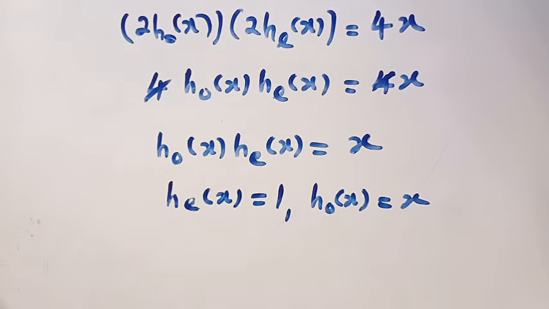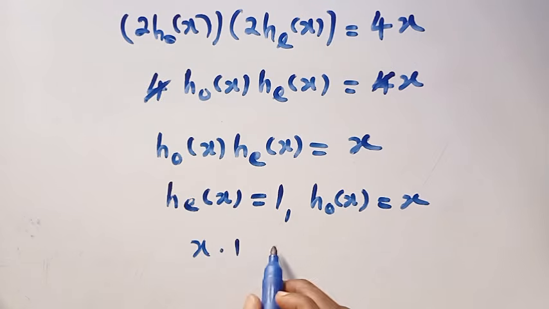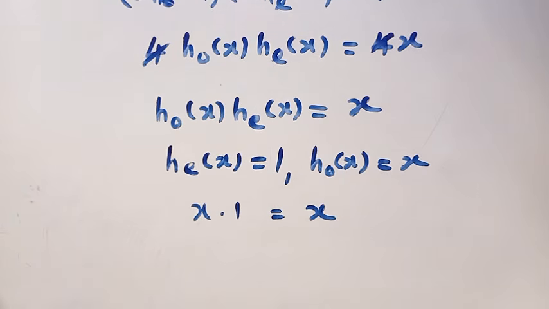How do we know this? Looking at this, if you multiply them together, odd is x multiplied by 1, so this also gives us x. So therefore, let's reconstruct f(x), as it is what we are looking for.